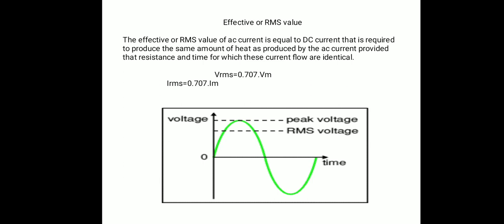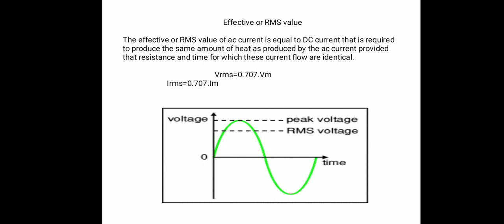Suppose there is a heater, and that heater is used to heat some water, and we can feed AC voltage as well as DC voltage to that heater. First we feed it AC voltage.